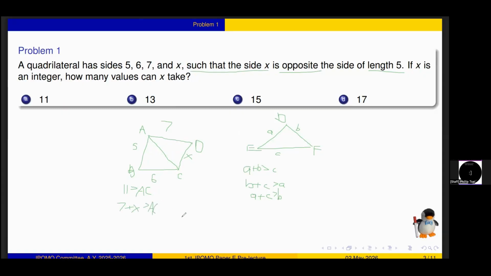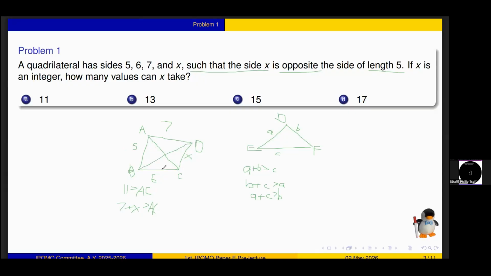Now this doesn't look like much information, but remember, ABC and ACD aren't the only triangles. We also have ABD and BCD in order to apply the triangle inequality.